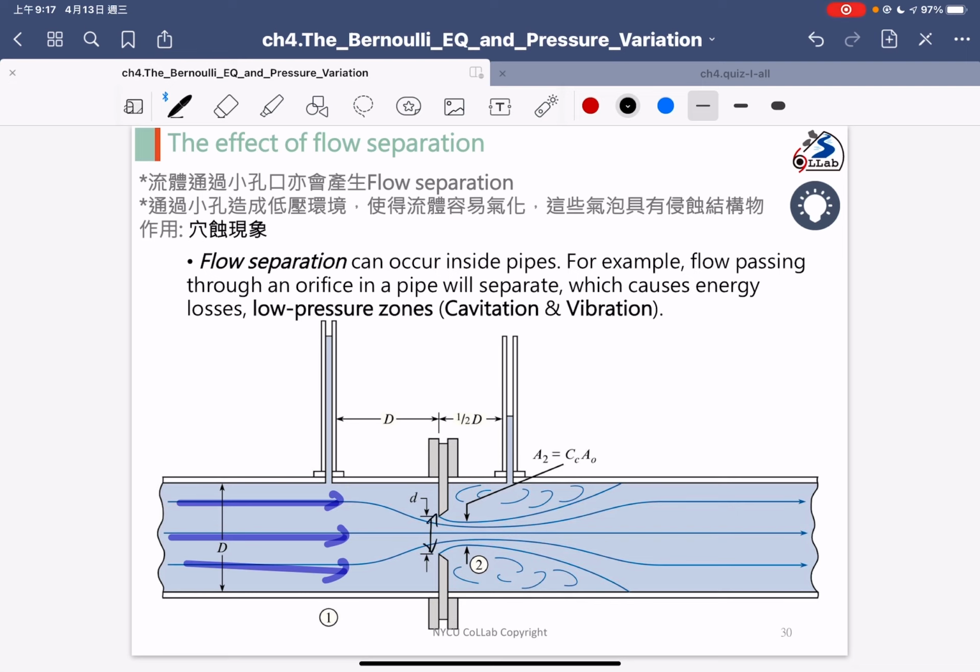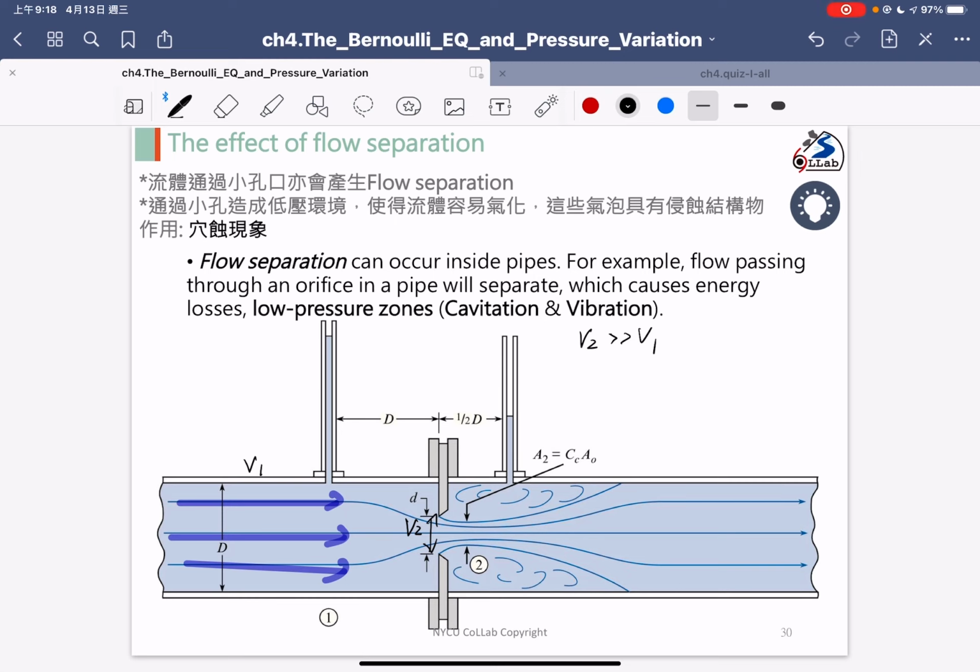This is V1, and the velocity across the small hole we call V2. What is the relationship between the V1 velocity and the V2 velocity? I can tell you that in that region the velocity will become higher. So the V2 velocity will be larger than V1.